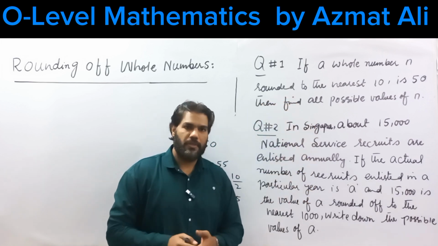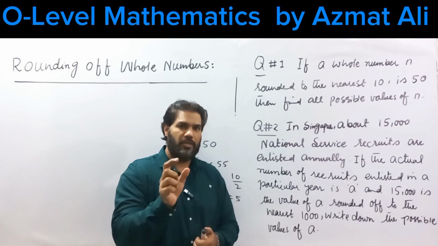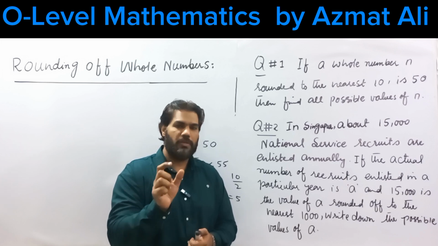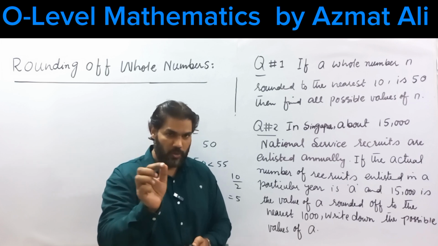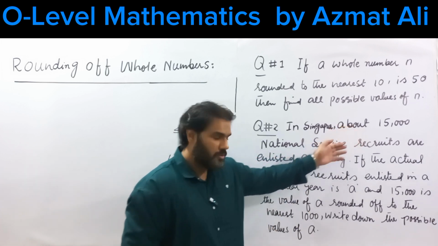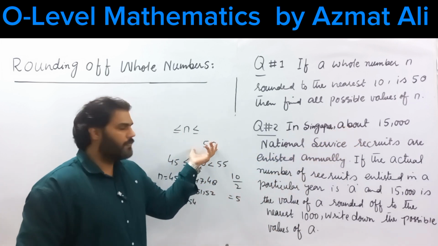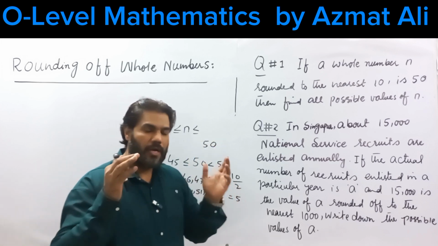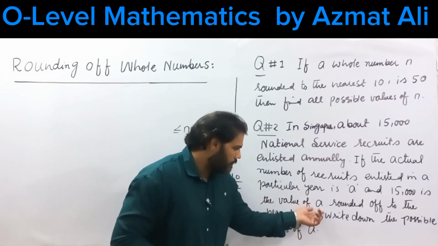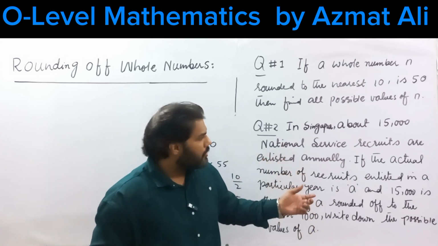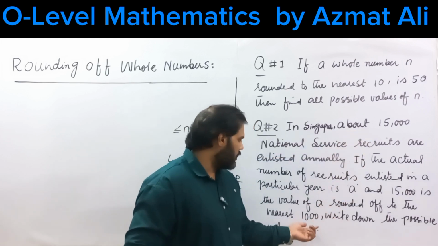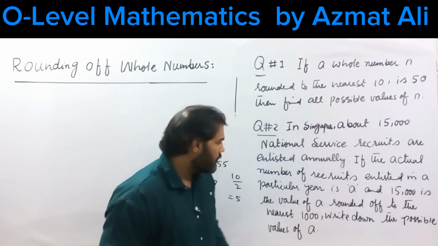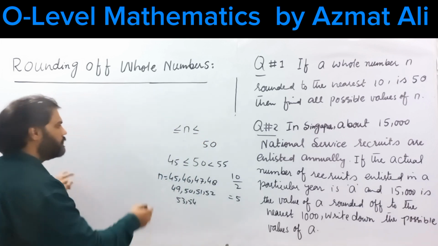You have to find all possible values whose rounded value is 15,000. Similarly, as with 50, you have to find all possible values of A whose rounded value is 15,000, correct to the nearest 1000. There is a very easy and simple way to write this.